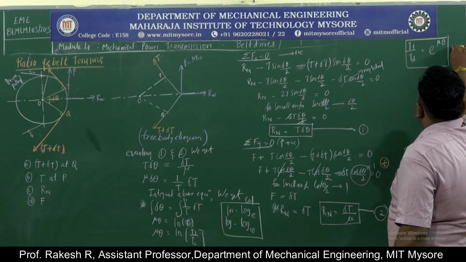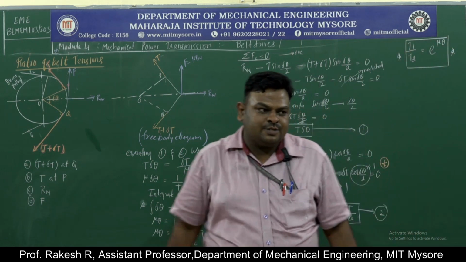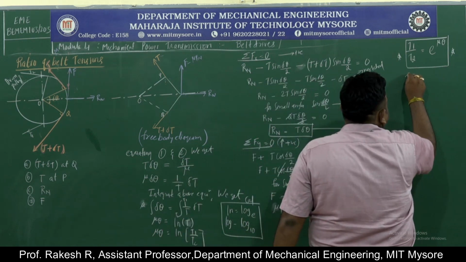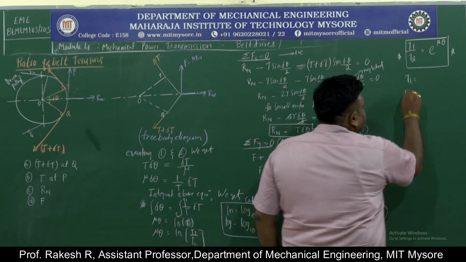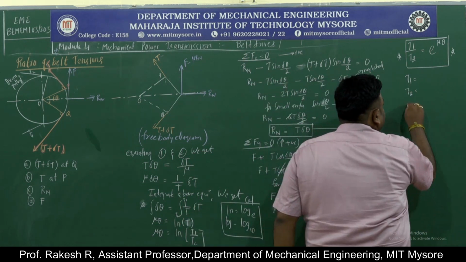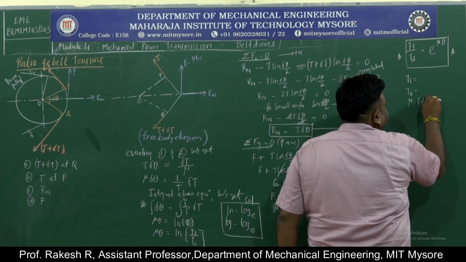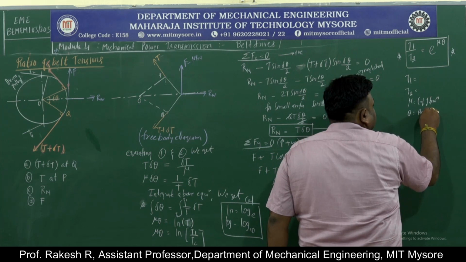This is the ratio of driving tensions, where T1 is tension on the tight side, T2 is tension on the slack side, mu is coefficient of friction, and theta is angle of lap.